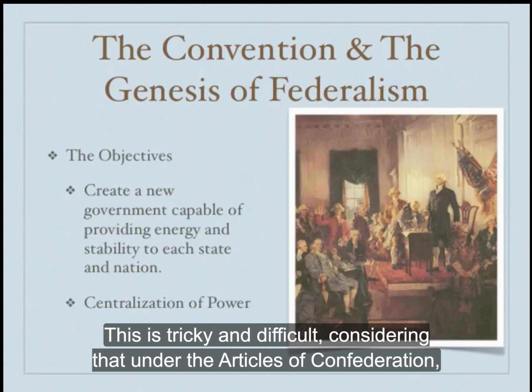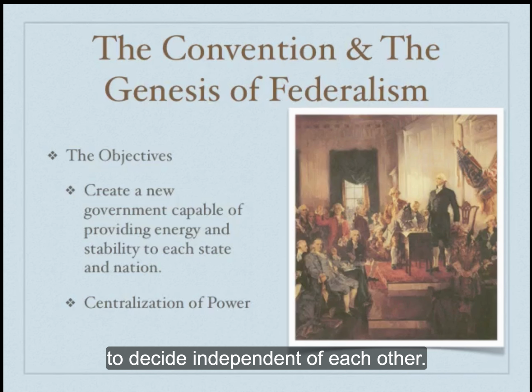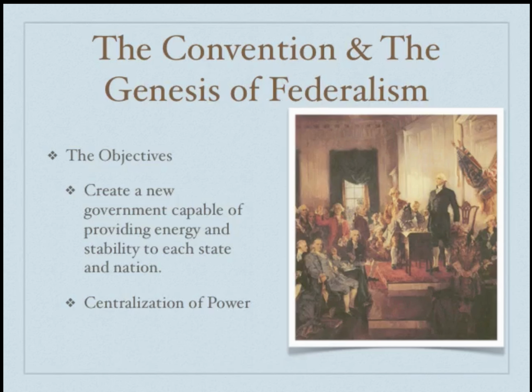This is tricky and difficult, considering that under the Articles of Confederation, all power was decentralized to the extreme and left to the states to decide independent of each other.